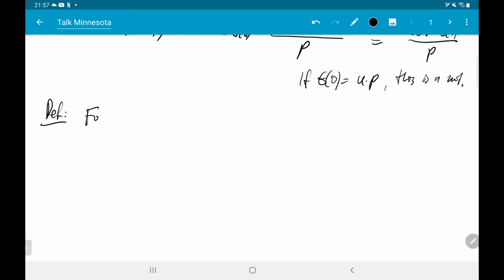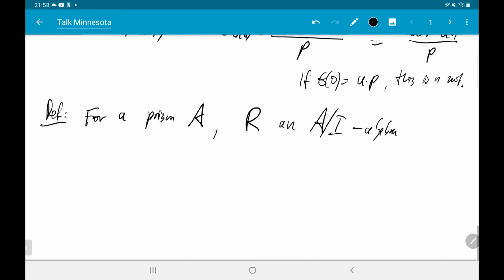So there, the input data is somehow a prism A, and a ring R, which is an A mod I algebra. Right? Remember, a prism comes with an ideal.